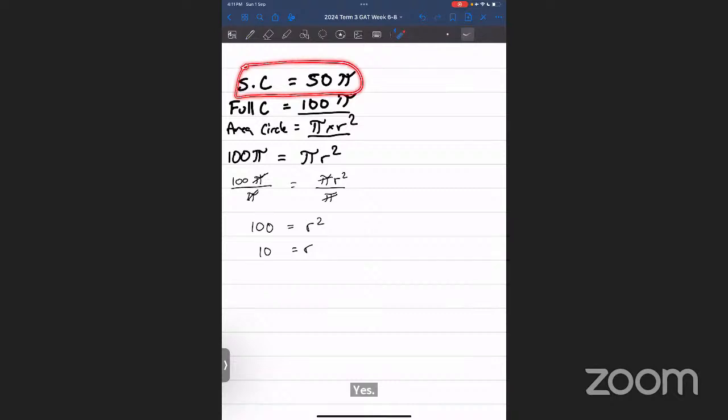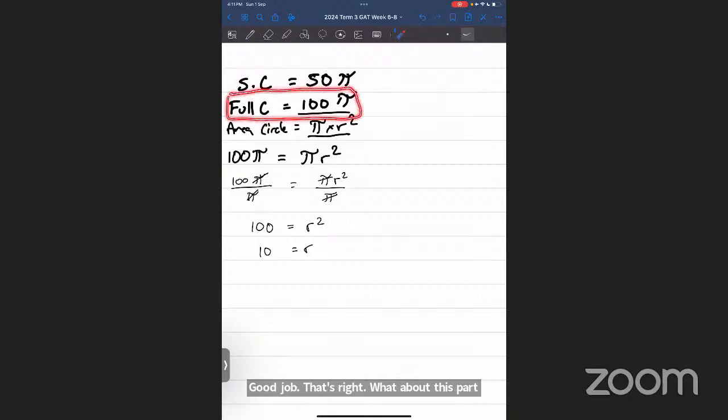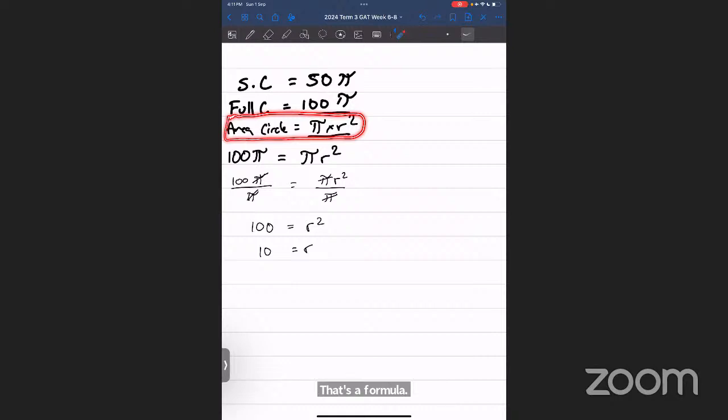From the text. Good job. What about this part here? You doubled it to get the whole circle. That's right, times 50 by 2. Good girl. What about this? That's a formula for the area, correct? Yes. And then how did I get this?